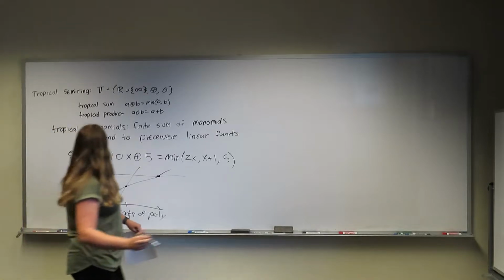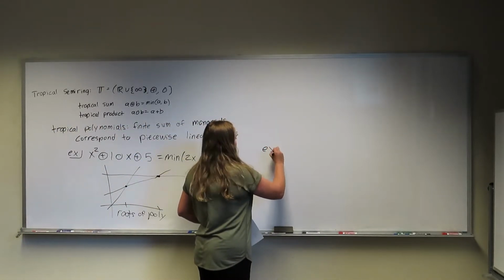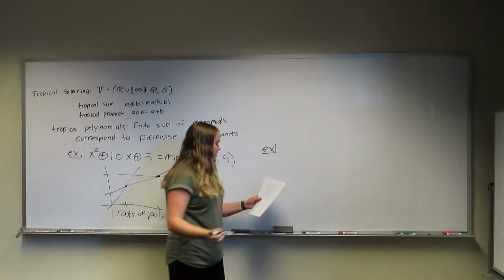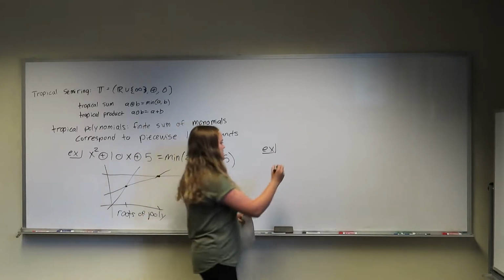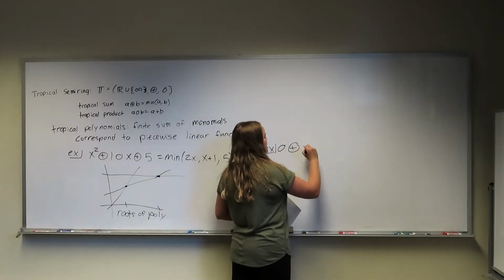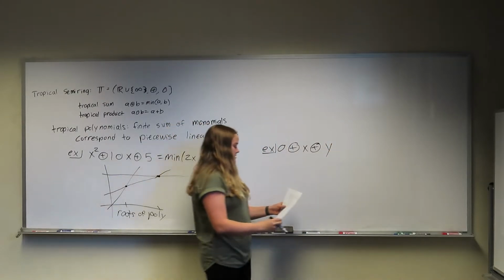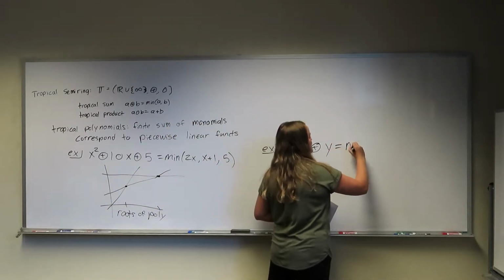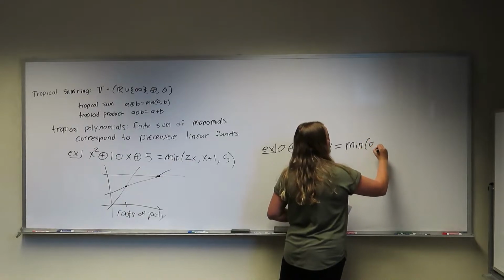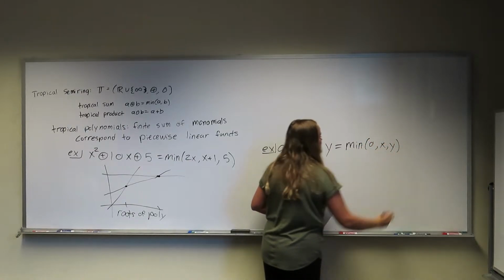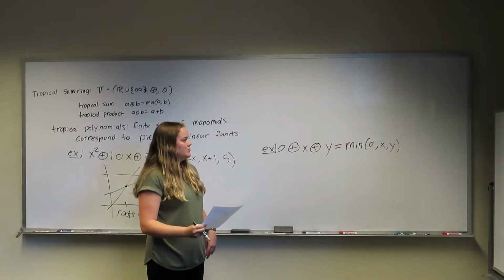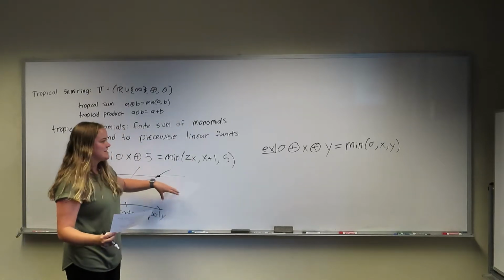Okay, another example that we can look at is 0 plus x plus y. This is the minimum of 0, x, and y. We can't graph this the same way.